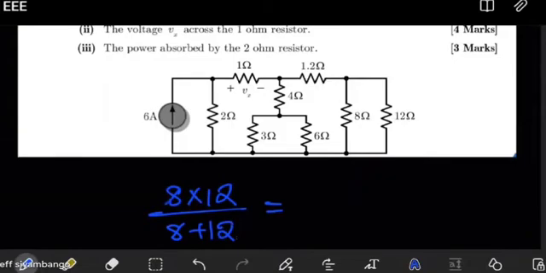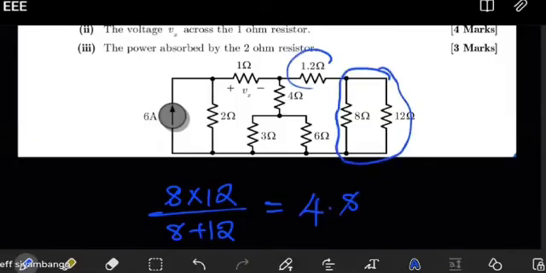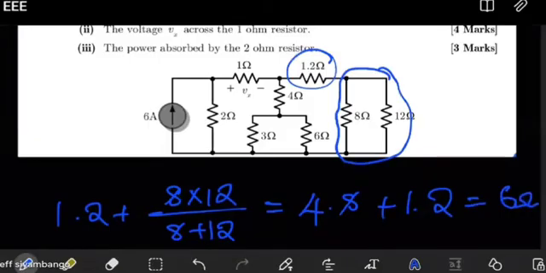What are you getting here? 4.8. Okay. If these two give us 4.8, then their combination is in series with the 1.2. So I'll just say plus 1.2. So it's 4.8 plus 1.2, which becomes 6.